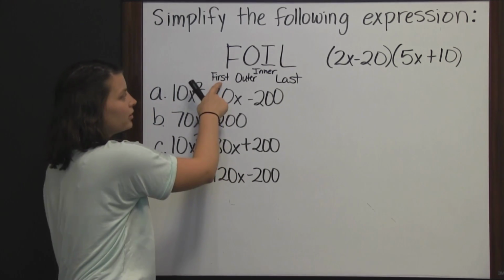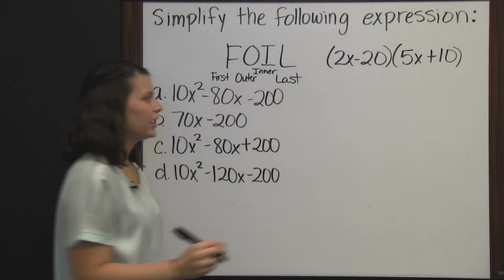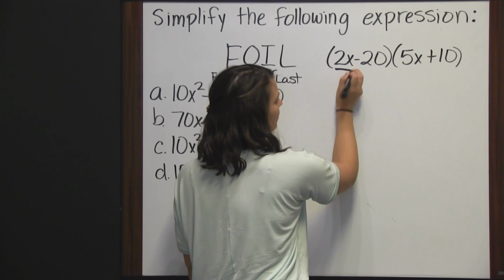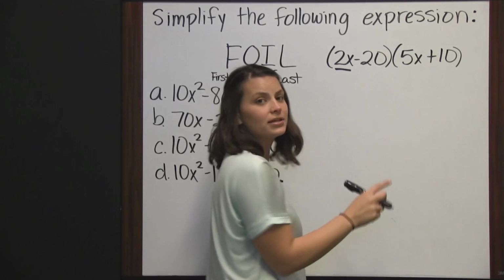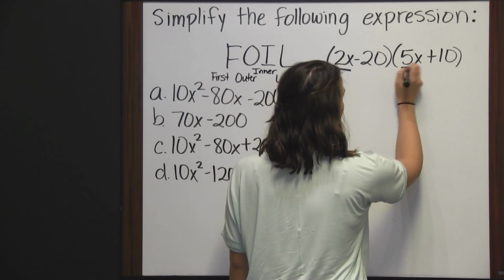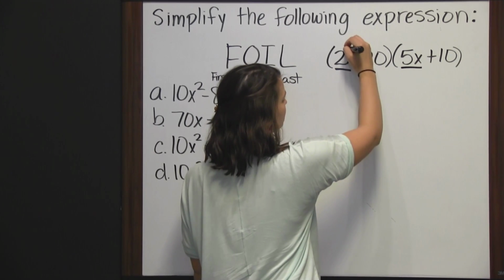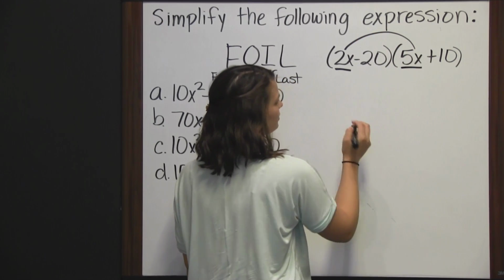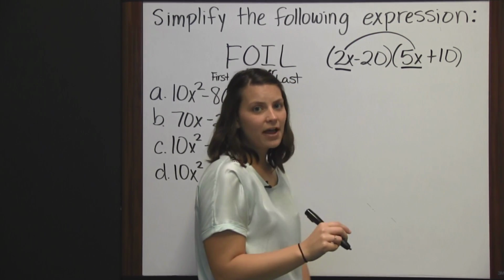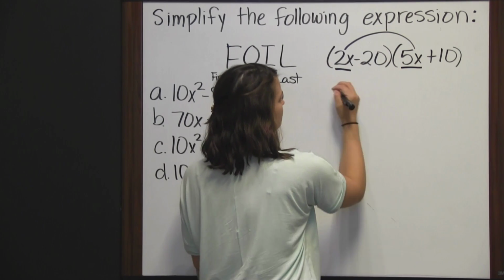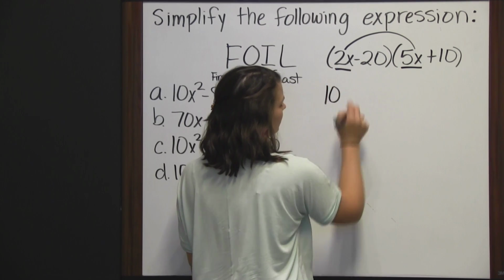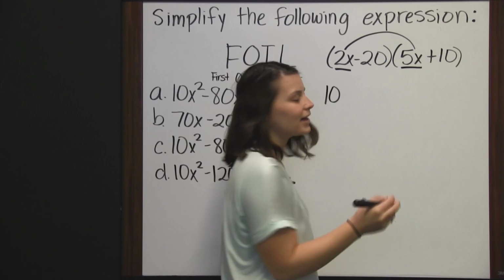So the F first means to multiply the first term in the first binomial times the first term in the second binomial. First times first. 2x times 5x. 2 times 5 is 10. And x times x is x squared.